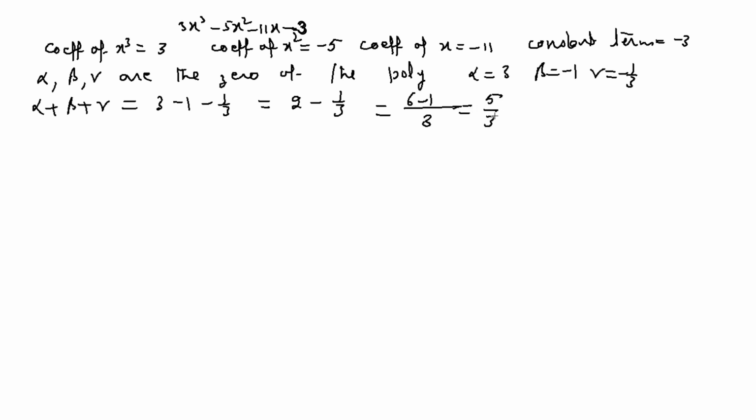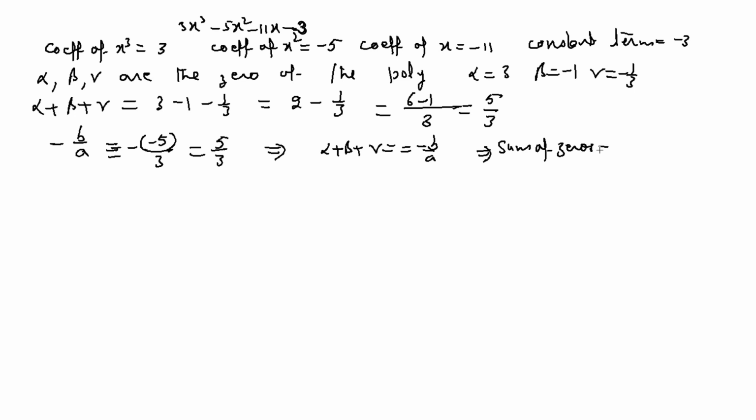You will have 5 by 3. So write minus b by a, which is equal to minus (minus 5) by 3, which is equal to 5 by 3. So this implies alpha plus beta plus gamma is equal to minus b by a. So you can also say the sum of the zeros is equal to minus coefficient of x square upon coefficient of x cube. Now verify the second relationship.